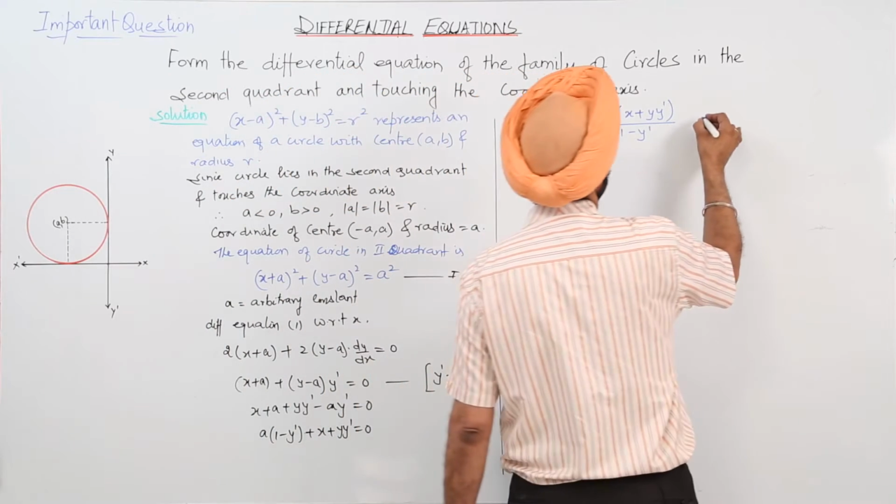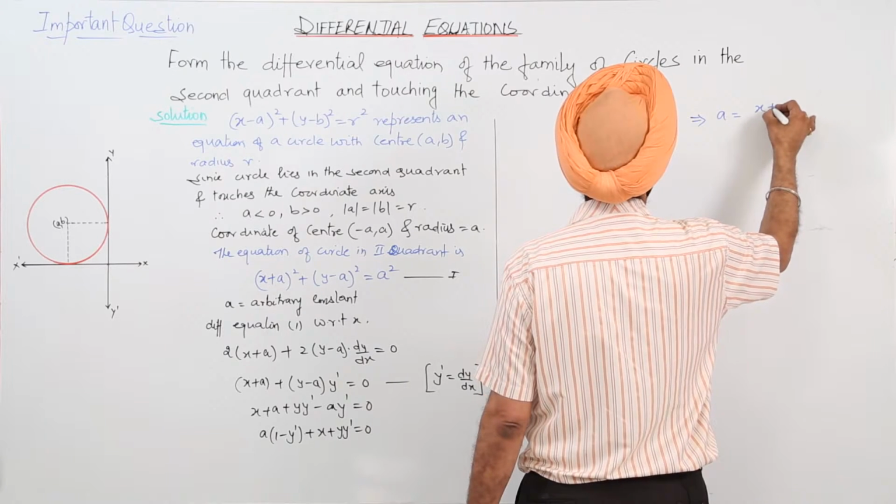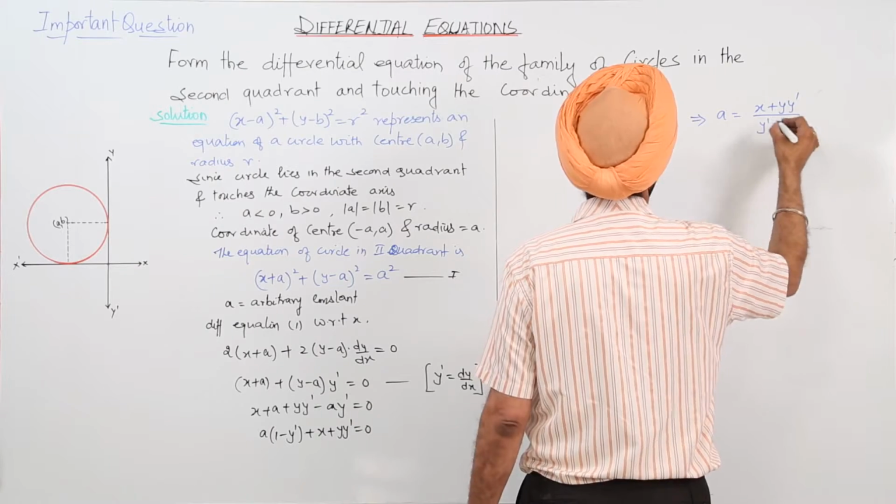Or this can be written as a is equal to (x plus y y') upon (y' minus 1).